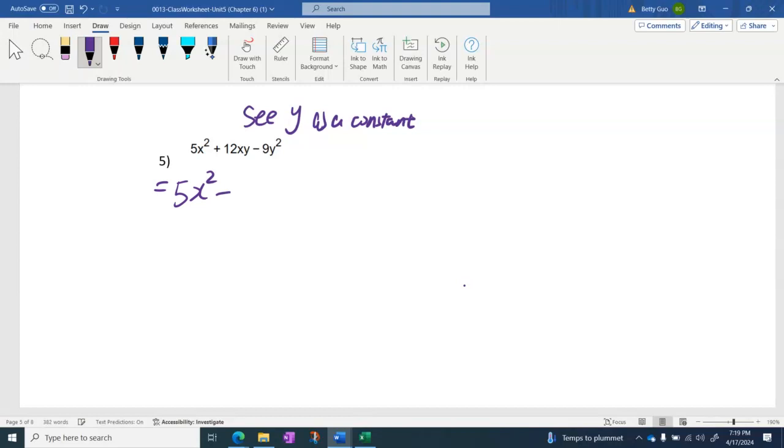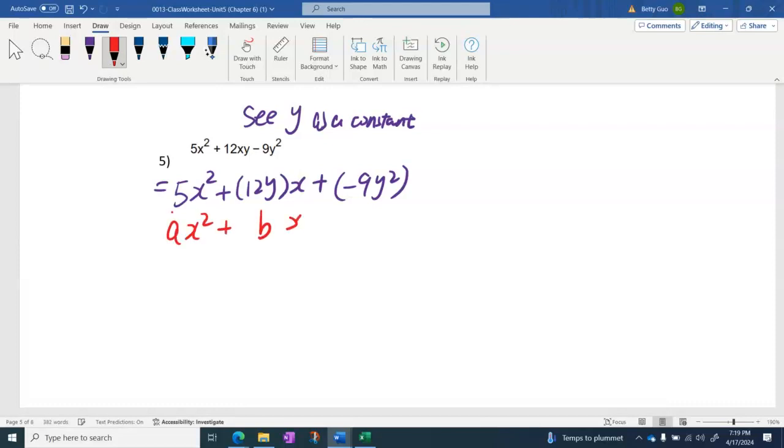We have 5x squared plus 12y times x plus negative 9y squared. So if we compare this trinomial with ax squared plus bx plus c, we know a equals 5, b equals 12y, remember we see y as a constant, and c equals negative 9y squared.